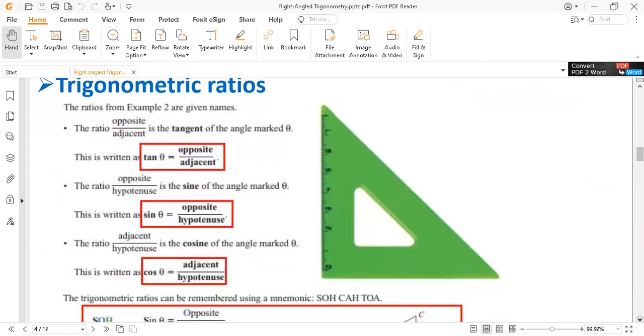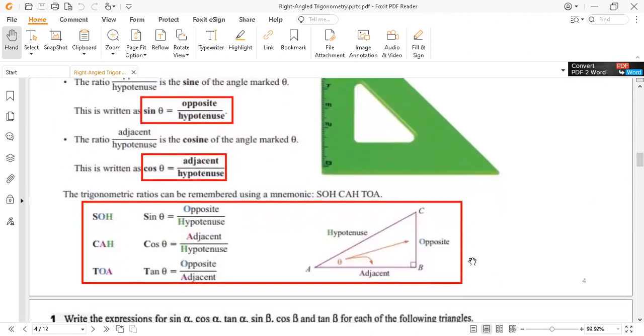The most important known trigonometric ratios are tangent theta, sine theta, and cosine theta, involving the adjacent, opposite, and hypotenuse sides of each given right angle triangle. For example, we have here theta. First of all, we have a right angle triangle and an angle.